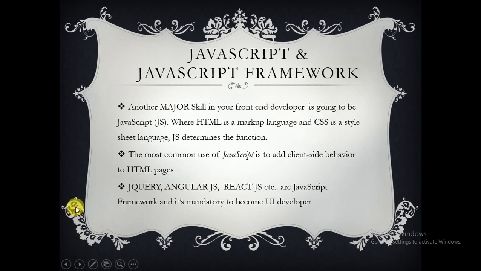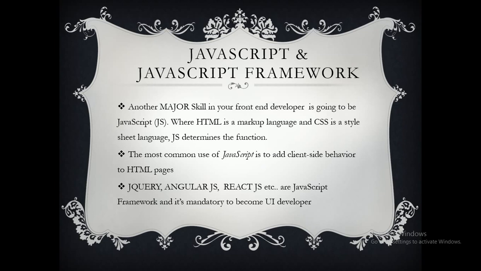Then JavaScript and JavaScript frameworks. Another major skill for a front-end developer is going to be JavaScript. HTML and CSS are very basic and everyone can easily learn them, but JavaScript is not easy compared to HTML and CSS. You need some background of computer knowledge or some logical skill for JavaScript, because JavaScript is about functions, and functions have some logic, business logic or any kind of logic.